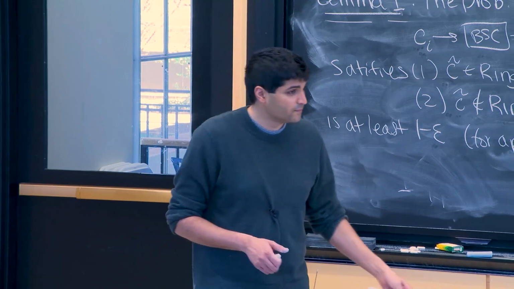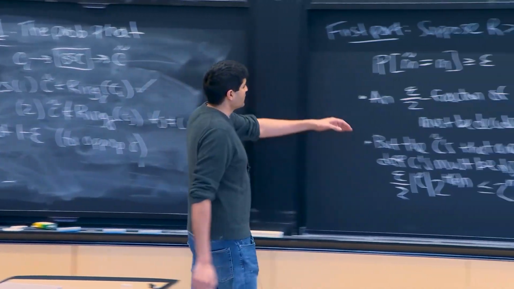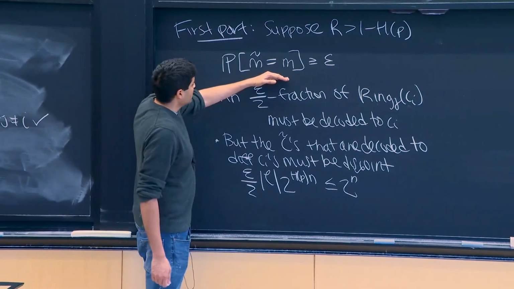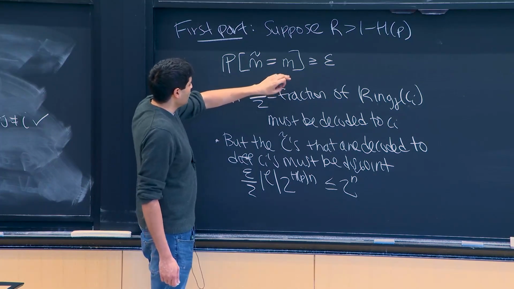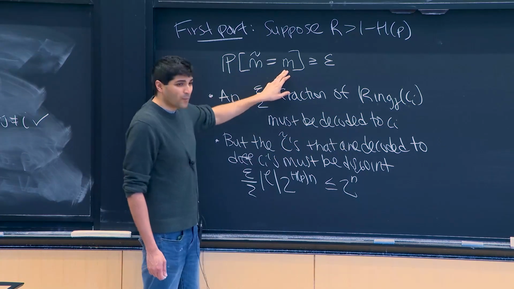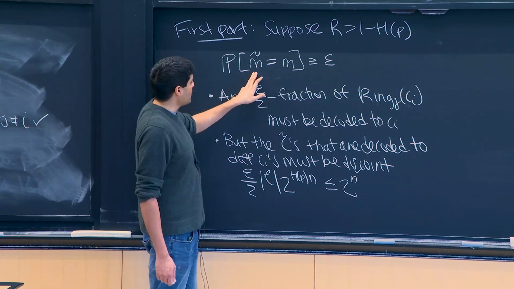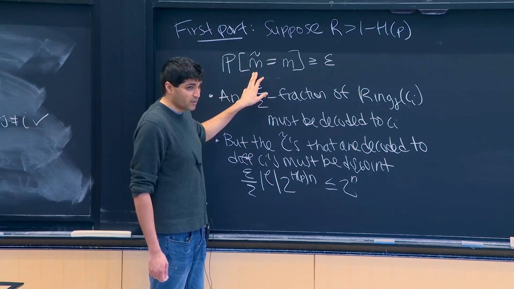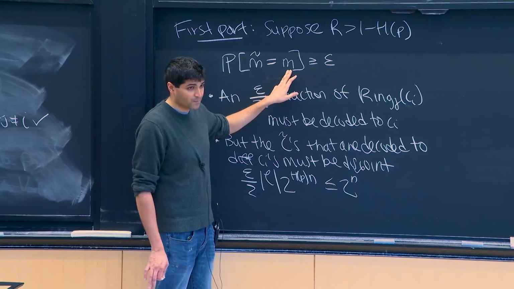Sorry, can you explain that epsilon over 2 part? Yeah, sure. So what the statement is saying right here is that at least an epsilon fraction, if I start off with Ci and look at the output after the binary symmetric channel, then at least an epsilon fraction of those outputs must be successfully decoded to the correct original message.